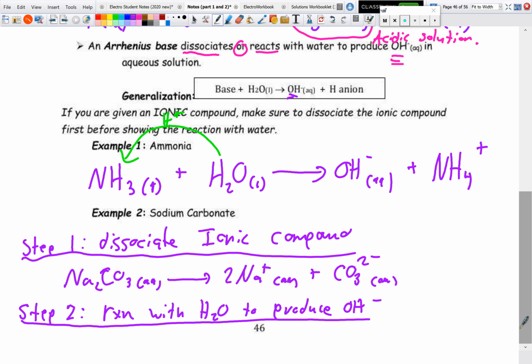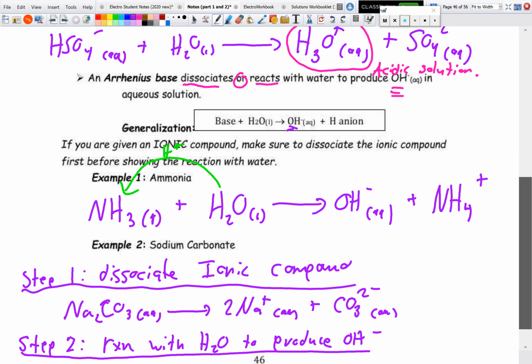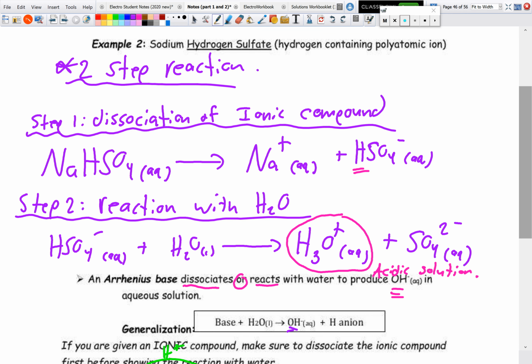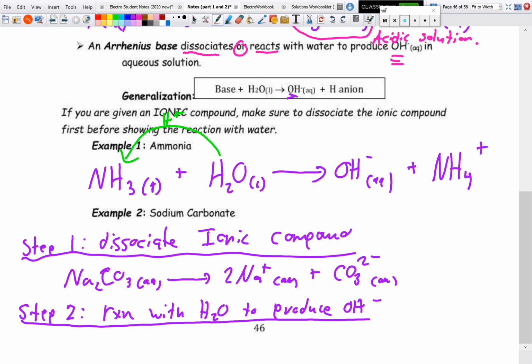Now in this case, if we look at everything that's happening, up here we had that transfer of the hydrogen, and that hydrogen ion is positively charged. Or sorry, not water, the hydrogen that we're transferring is positively charged.